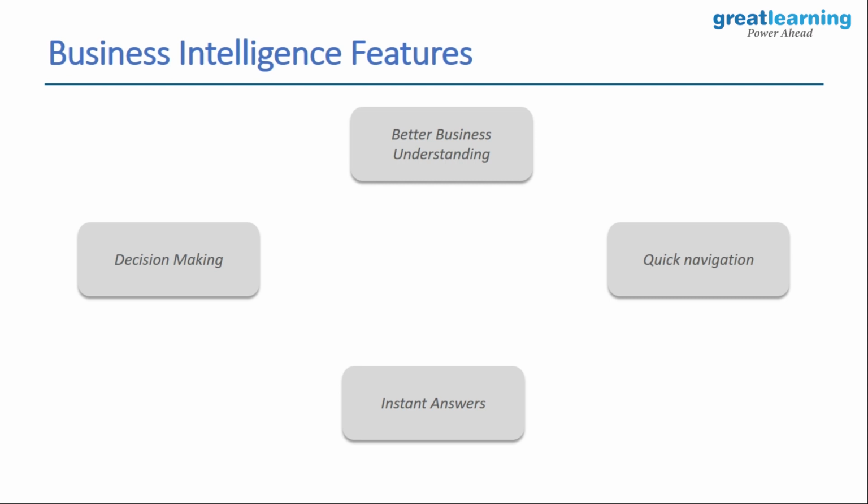One, you get to quickly navigate through the problem. That means since your data is now clean and in proper order, well defined, well oiled, it is easier for you to navigate through the data that you have with you. Once that bit is sorted for you, the next step is getting answers to the questions that you're looking for.